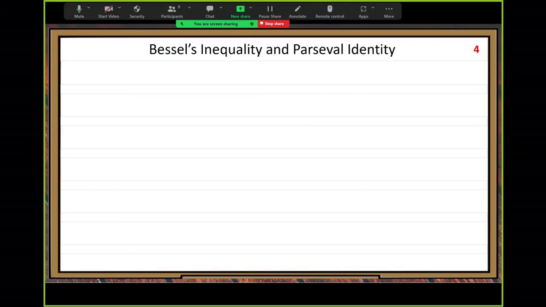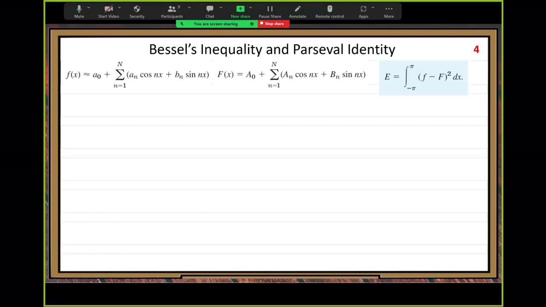Next, Bessel's inequality and Parseval's identity. That's the continuation from the previous slide, the minimum error. So we can derive these two formulas: Bessel's inequality and Parseval's identity.